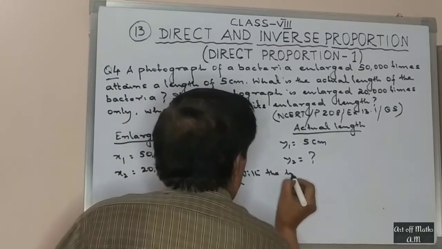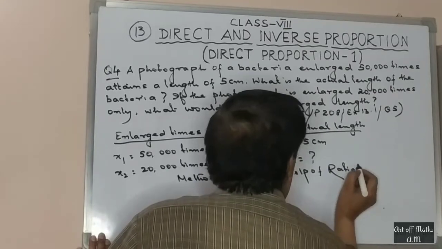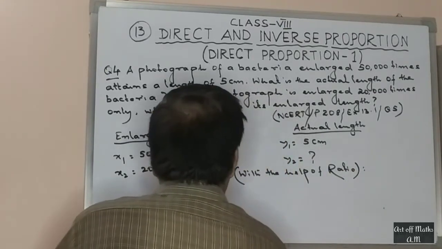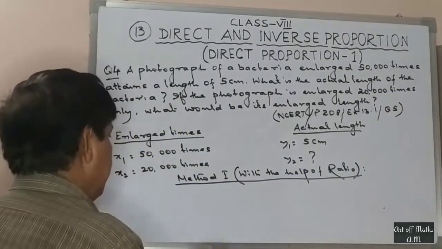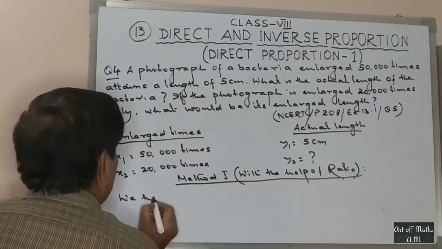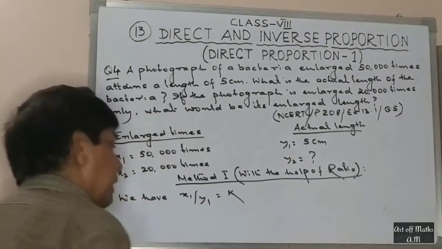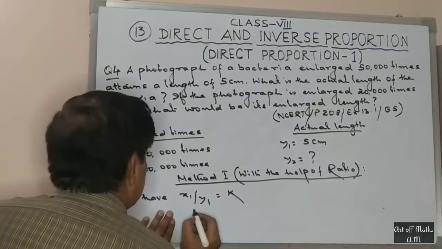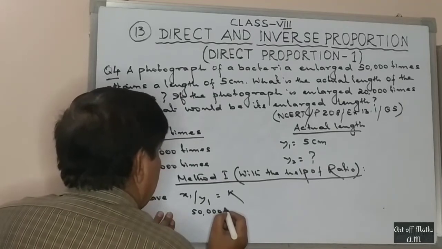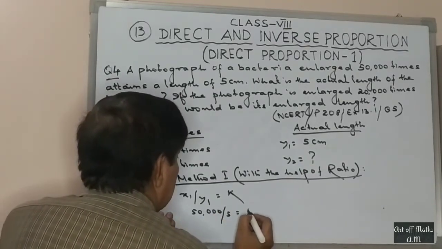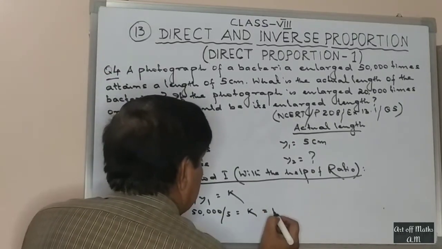With the help of ratio, we have x1 by y1 equal to k. x1 is 50,000 times divided by y1, 5, equal to k. That means 10,000.